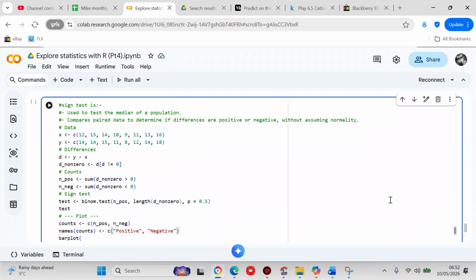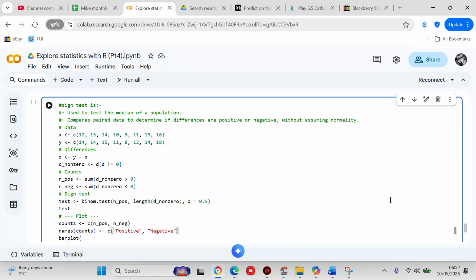The first thing we want to do is create our data. So you've got X, which is a vector of numbers: 12, 15, 14, 10, 9, 11, 13, 16.